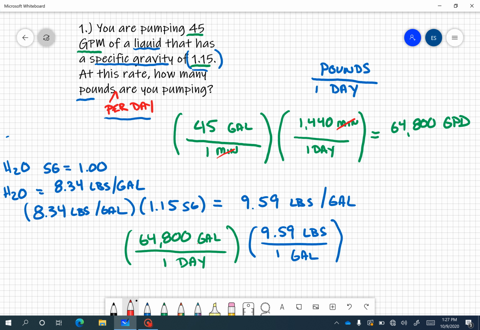We can cancel out gallons, and what's left over is going to be pounds per day, which is what they were asking us. So let's go ahead and multiply that out. And it comes to 621,497 pounds per day.